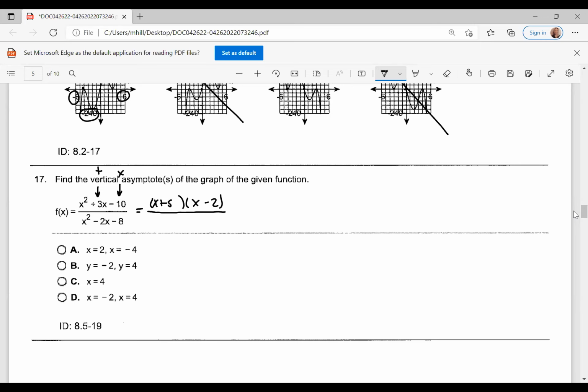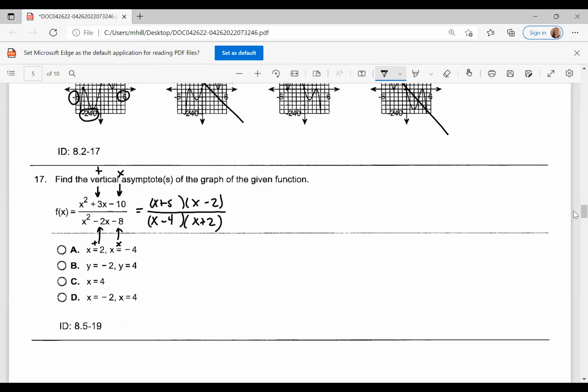Remember that you can use your graphing calculator to figure out the roots and then go backwards and plug it in, because the calculator would give you the points -5 and +2. What multiplies to -8 and adds to -2? So we would say x minus 4 times x plus 2.